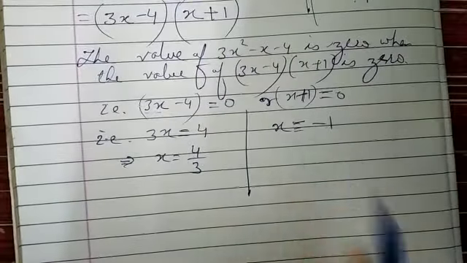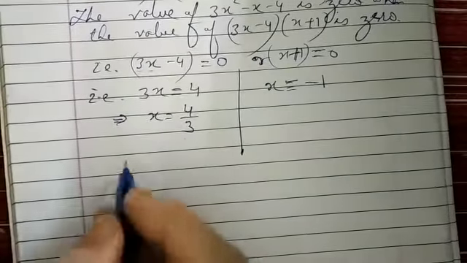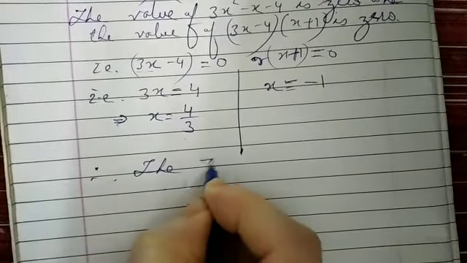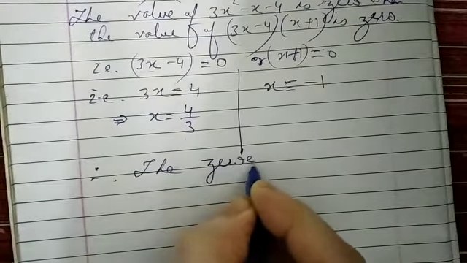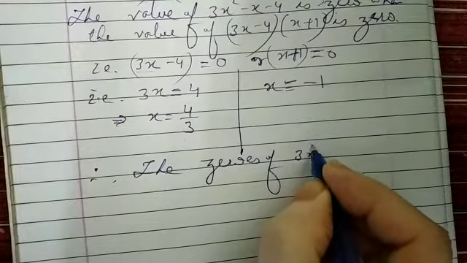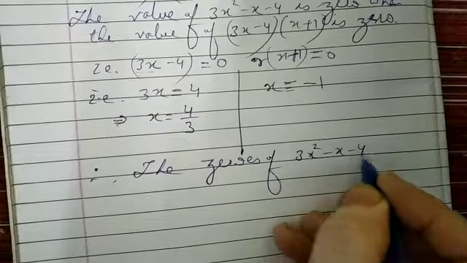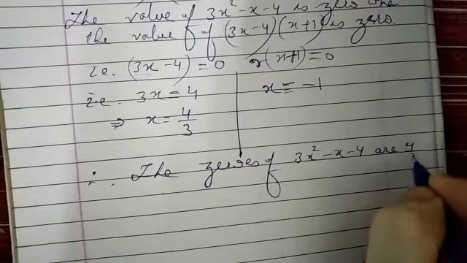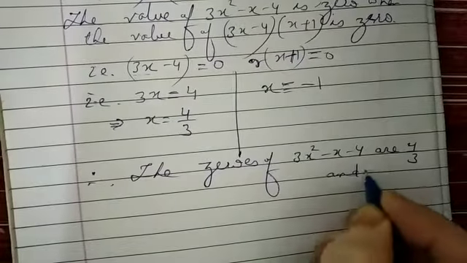So these are the zeros. Therefore the zeros of polynomial 3x square minus x minus 4 are 4 by 3 and minus 1. These are the two zeros.